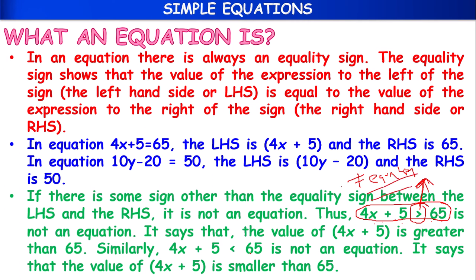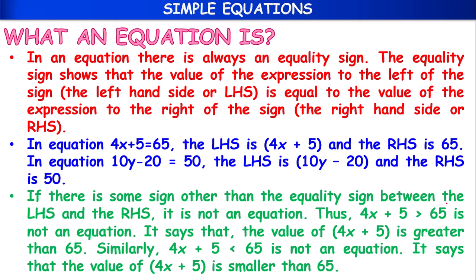In the same way, 4x plus 5 less than 65 also is not an equation, because they are combined by less than, which is not an equality sign.